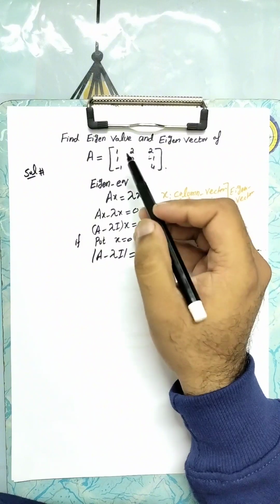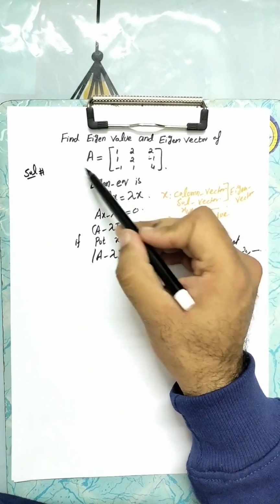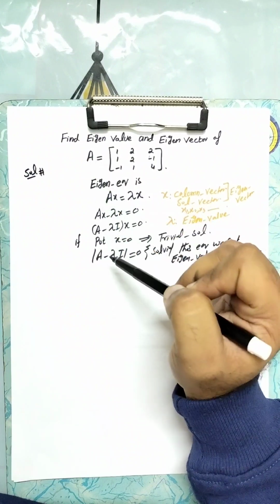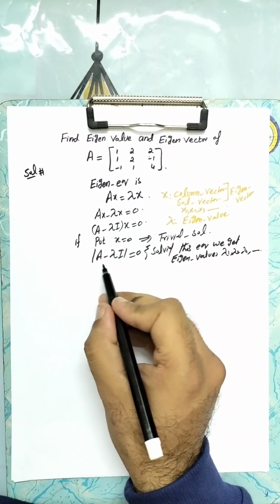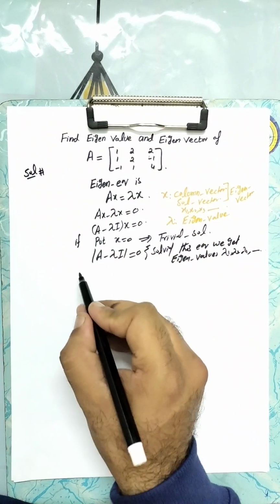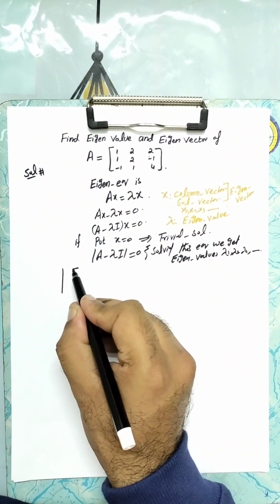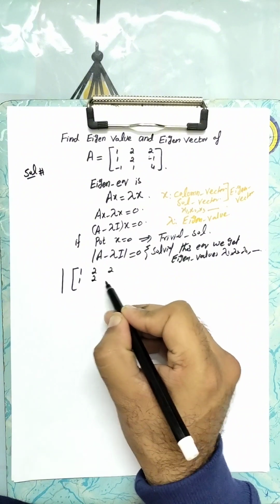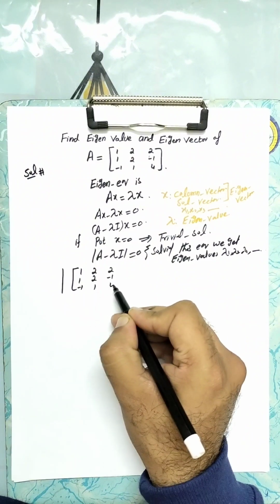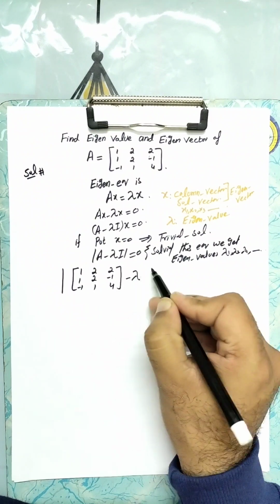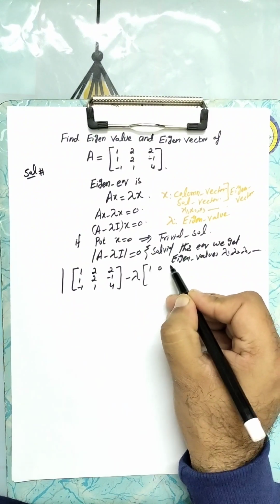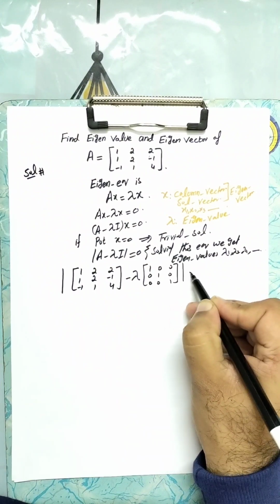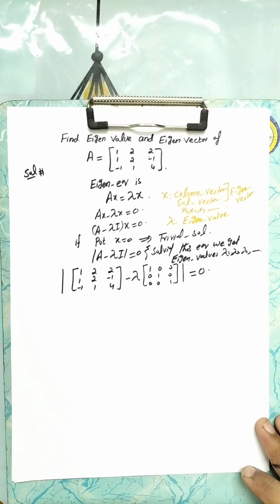Okay, so we put this matrix A into this equation. First we write A as 1, 2, 2, 1, minus 2, minus 1, minus 1, 1 and 4, minus lambda times I, where I is the identity matrix 1 0 0, 0 1 0, 0 0 1, and the determinant of this is equal to 0.